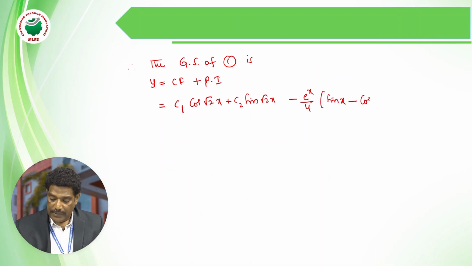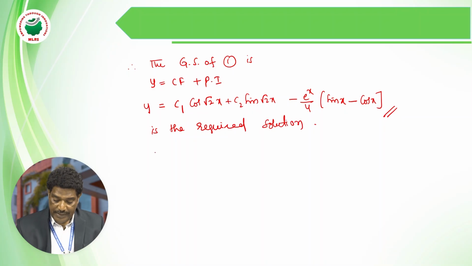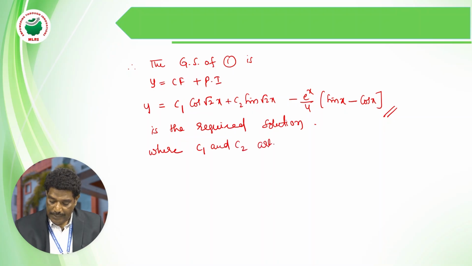So y equals C1 cos root 2x plus C2 sin root 2x minus e power of x by 4 into (sin x minus cos x) is the required solution, where C1 and C2 are arbitrary constants.